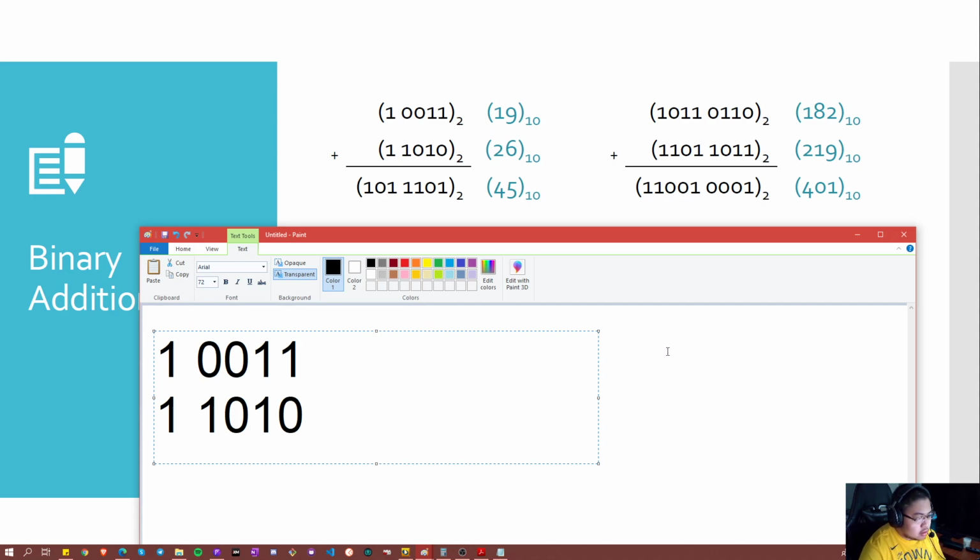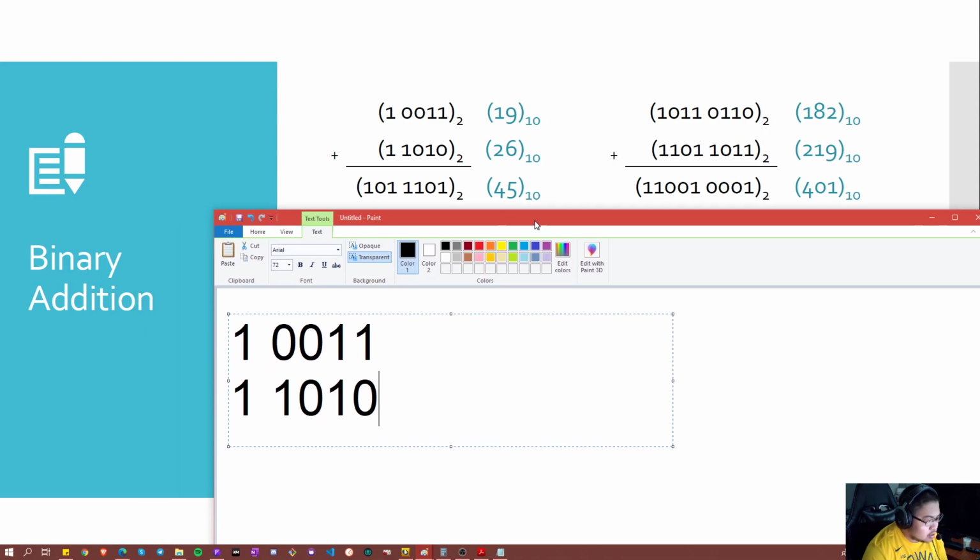Again, this is a typo error from the book. This one's equivalent in decimal is 19, and this one's equivalent in decimal is 26, so the answer is 45, but the binary number here doesn't show 45. So let's try solving this one.